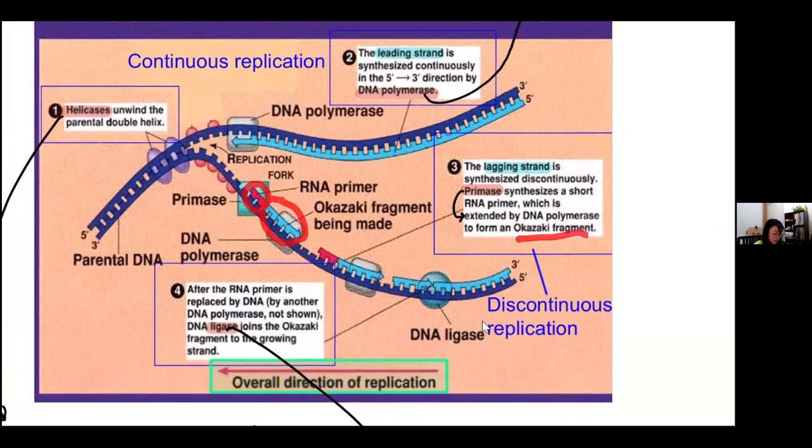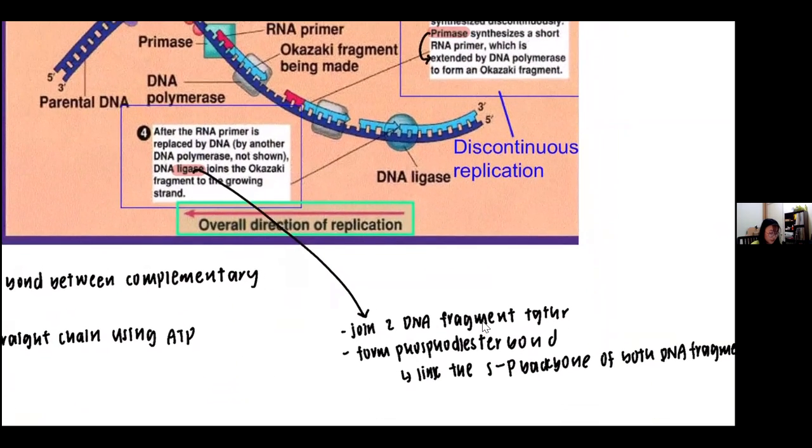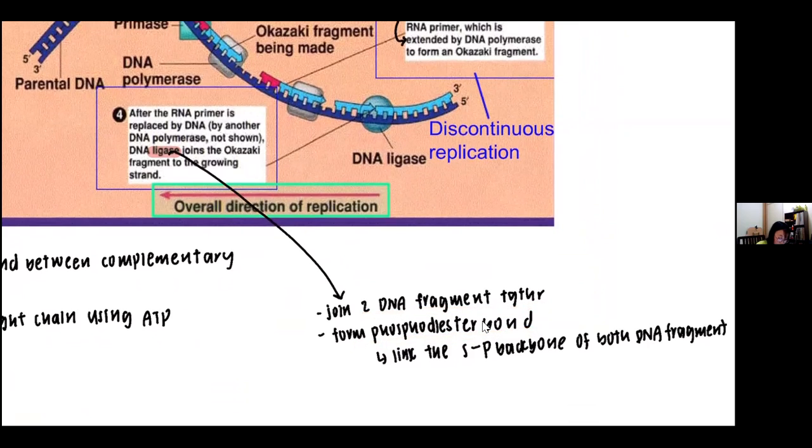After that, the RNA primer will be replaced by DNA, and then DNA ligase will join the Okazaki fragment to the growing strand. Ligase joins the 2 DNA fragments together to form a phosphodiester bond, which links the sugar-phosphate backbone of both DNA fragments.